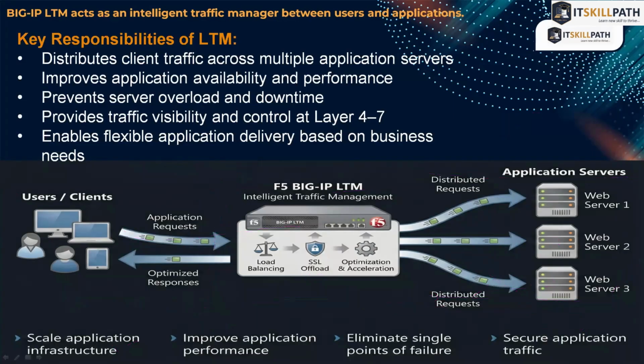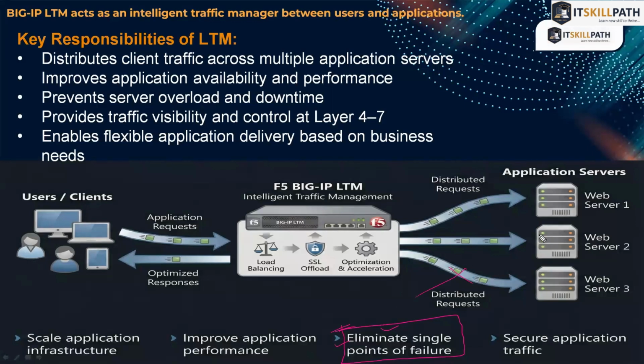Most importantly, we eliminate the single point of failure by using F5 LTM. If someone asks what the major benefit is, it is removing the single point of failure. Earlier, one server going down meant the user was facing an issue. Here, if a server goes down, there are other servers in place.